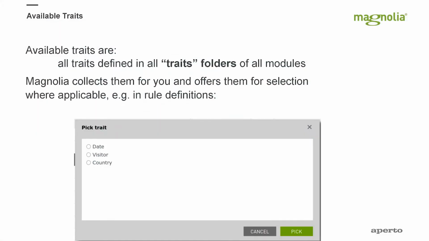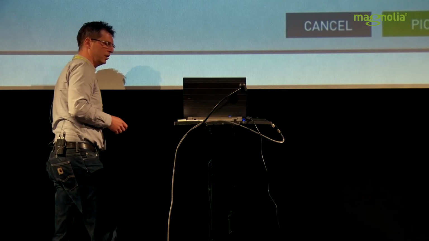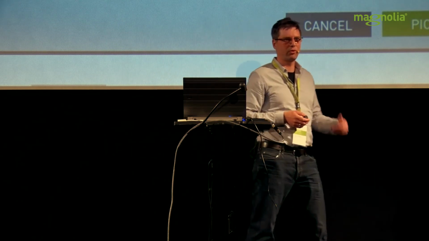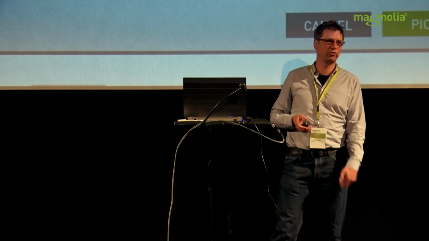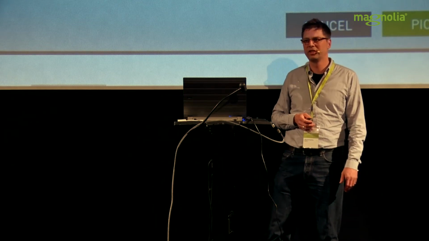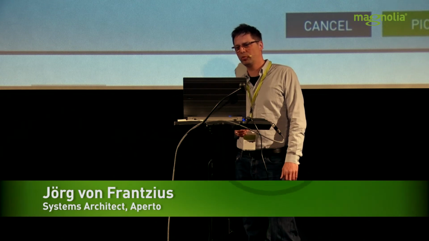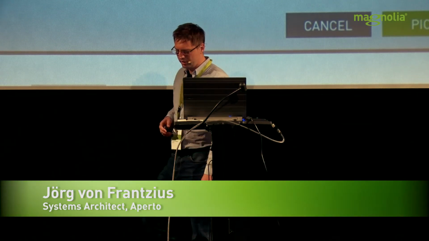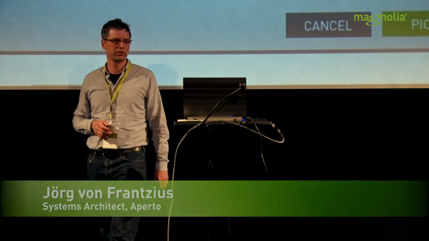All the traits that you have in your system are essentially the collection of all traits defined in all modules of your running Magnolia. So it's imaginable that you, at some point, get a third-party module that provides some traits. It doesn't exist yet, but I can imagine that sooner or later somebody will open source a Magnolia module that will provide traits for Facebook profile attributes.